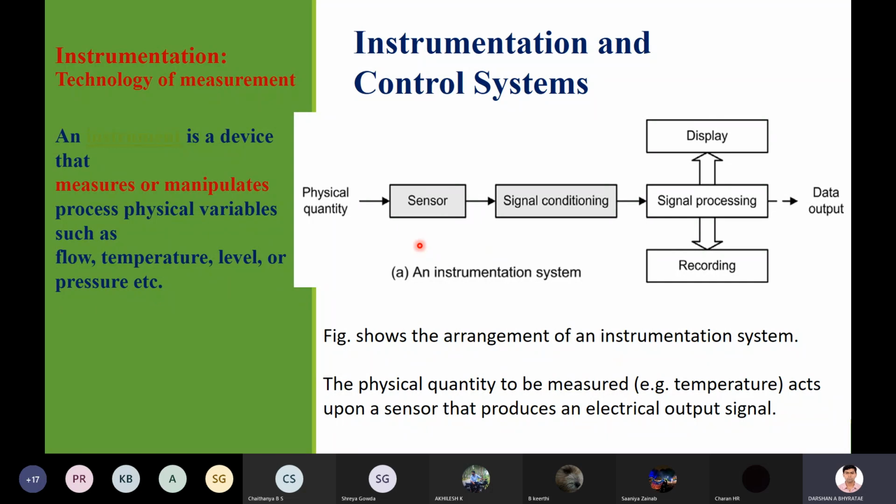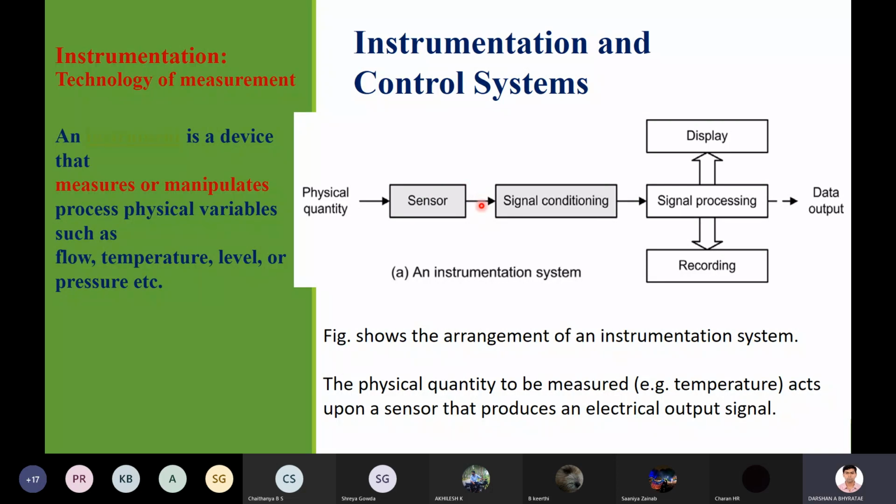As I told, the physical quantity may be temperature, pressure, light, or force, whatever it may be. Using that physical quantity, the output of your sensor is generated as an electrical signal.